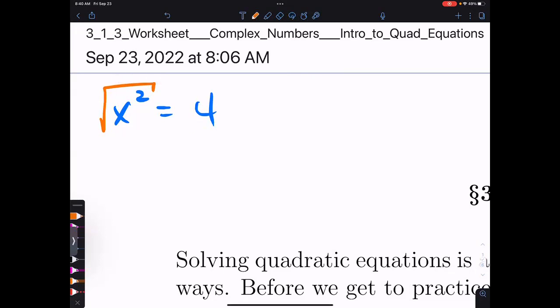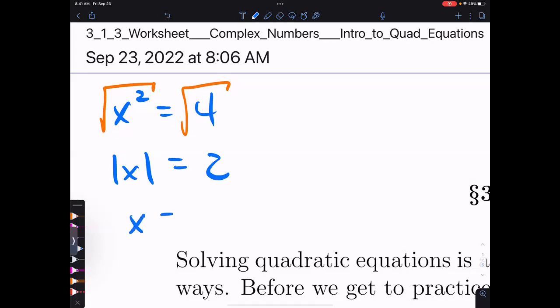So when we do this, you take the square root of both sides, but the thing that you get on the left is not just x, it's the absolute value of x, because the square root function is defined so that it gives you positive stuff back. And if the absolute value of x is 2, what can x be? 2 or -2.